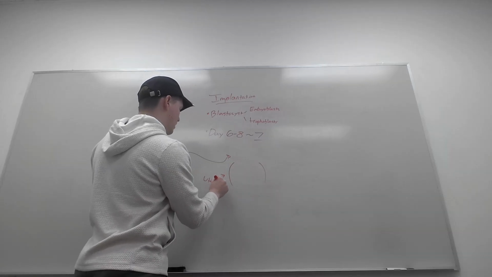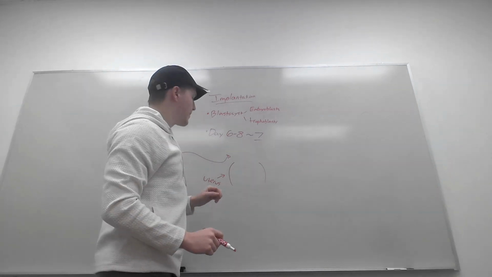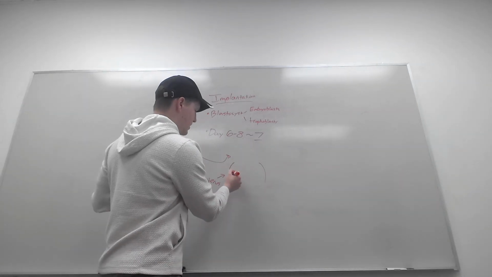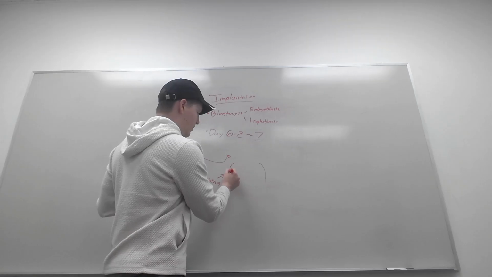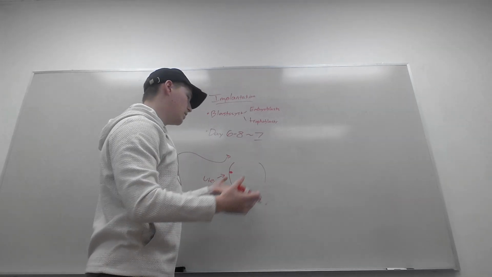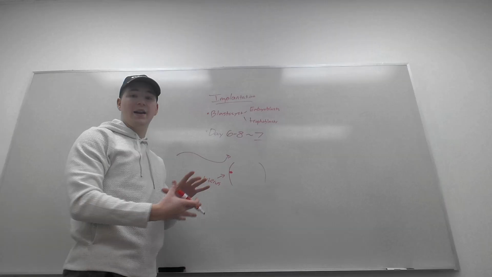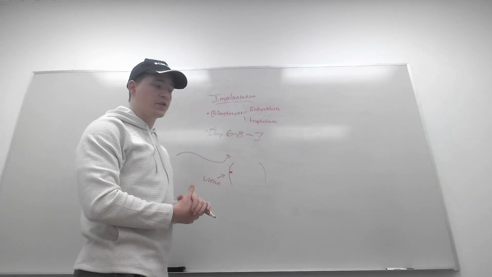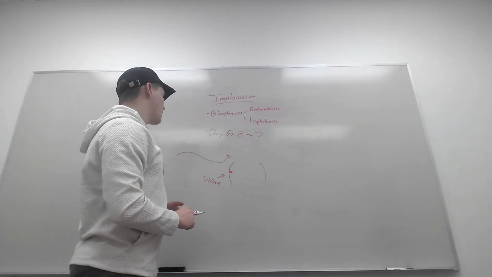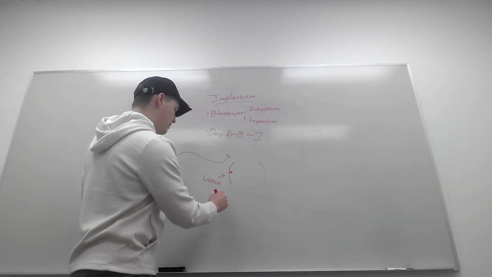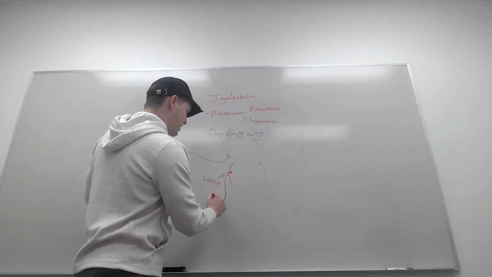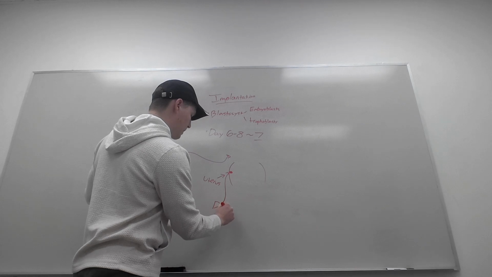I'm not an artist, but it's going to come out here, and this is the endometrial lining. It's going to implant right here, or wherever in the endometrial lining, into the functional layer, the functionalis of the endometrium. That endometrial layer is going to become the decidua.